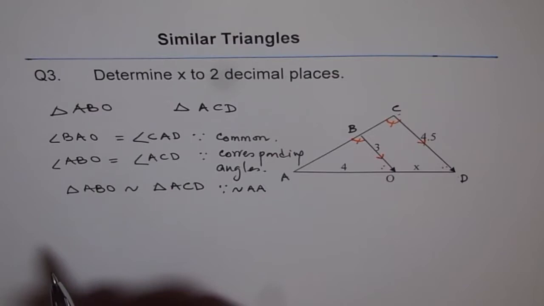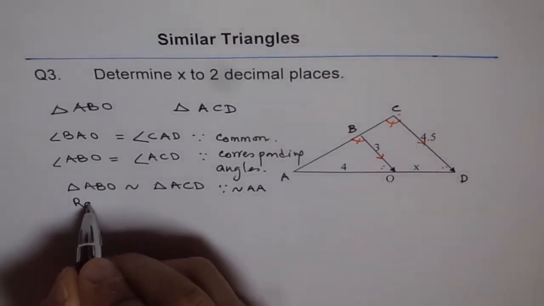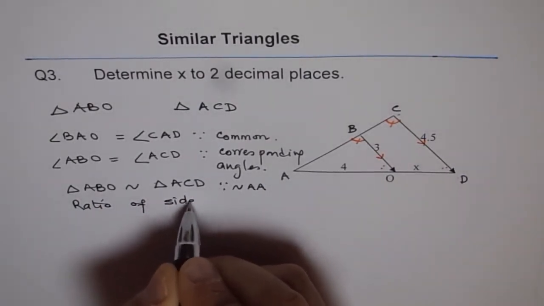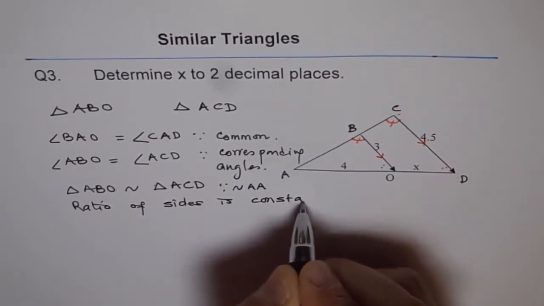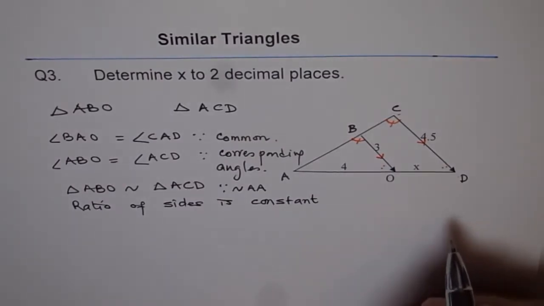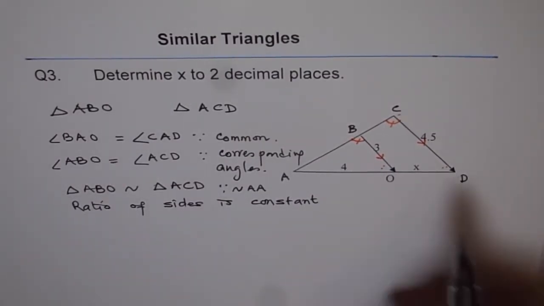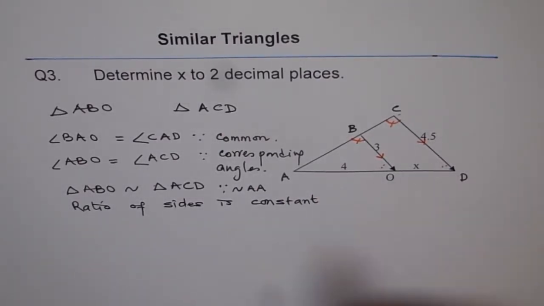They are similar. Now once they are similar, then the ratio of their sides is constant, right? It is some constant, that means the same constant, so they are equal, correct? Now to find the value of the unknown, we will find the ratio of sides, equate the ratios, and find the unknown.